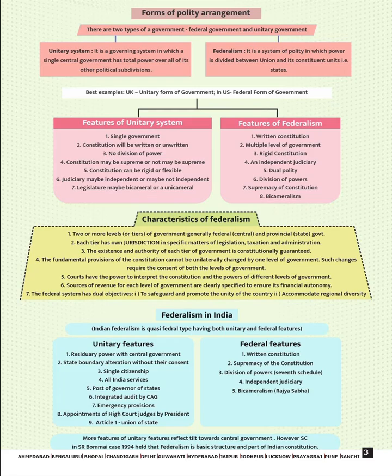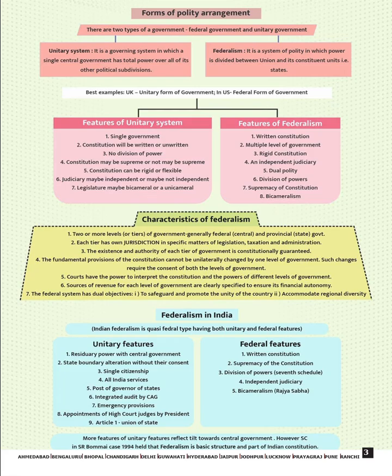Third, the existence and authority of each tier of government is constitutionally guaranteed. Fourth, the fundamental provisions of the constitution cannot be unilaterally changed by any one level of government. Such changes require the consent of both levels of the government.